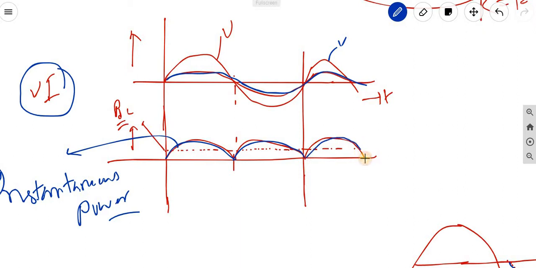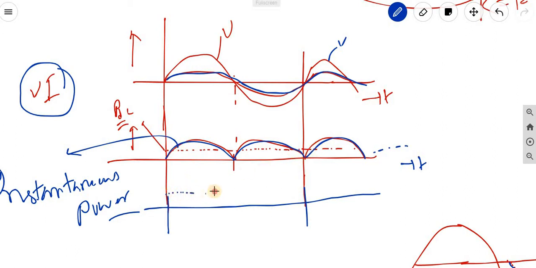Like this you get the instantaneous power form. This portion is always positive, which means we get some DC value, an average value.